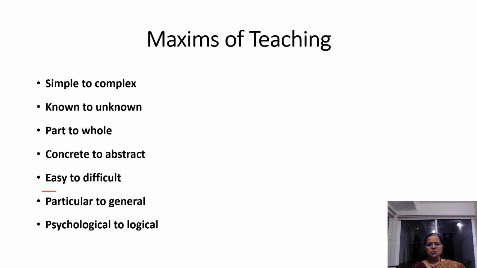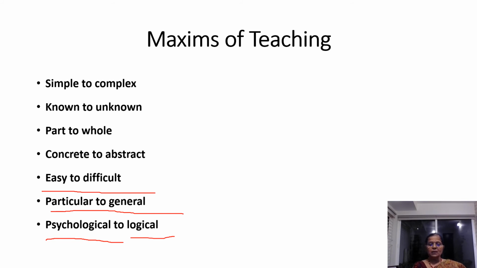And always easy to difficult, very well, that is the basic psychological principle. And particular to general. First teach them the part, then go to the whole or the general. And psychological is preferred to logical order. See, sometimes you have to know the psychological nature of the student. What do they want?